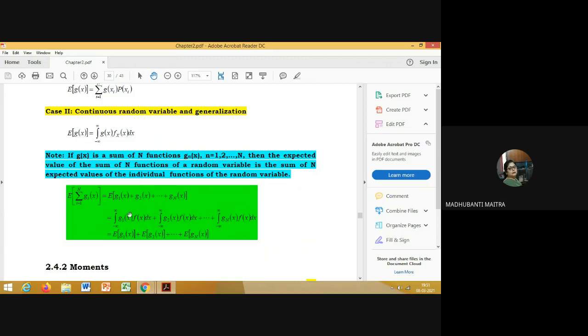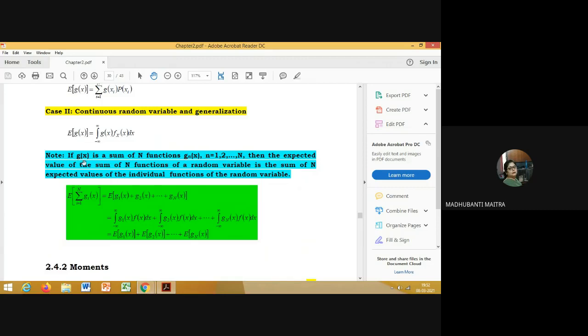So this one can be written as the expectation of the first function. This one is the expectation of the second function. This is the expectation of the last function, right? So the expectation of the sum of a few functions of a random variable will be the sum of the expectations.